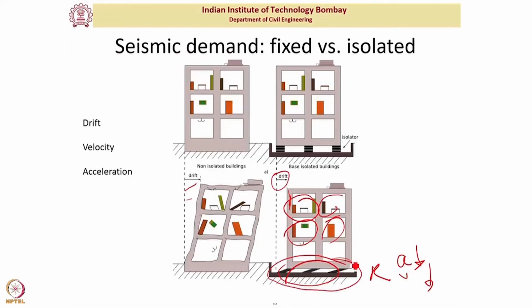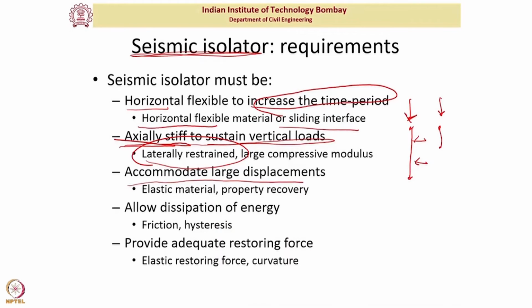Now it should also accommodate large displacement, because as I said in the previous slide, when you did not have an isolator, the whole drift demand was being accommodated by the superstructure. Now imagine displacement demand of a similar order needs to be accommodated by the isolators. So it should be able to carry large displacement, so it should have elastic property, or even if it does not have elastic property, it should have a property which is recoverable.